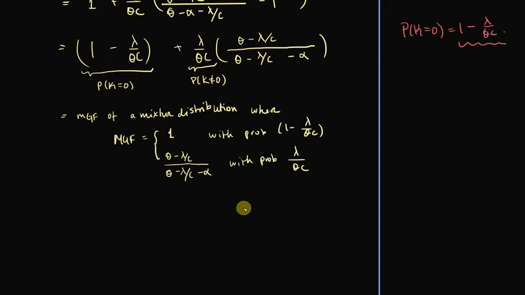And what that means is that the probability distribution function of S can be written as the weighted sum of two distribution functions, where the first distribution function belongs to this moment generating function, and the second distribution function belongs to this moment generating function.